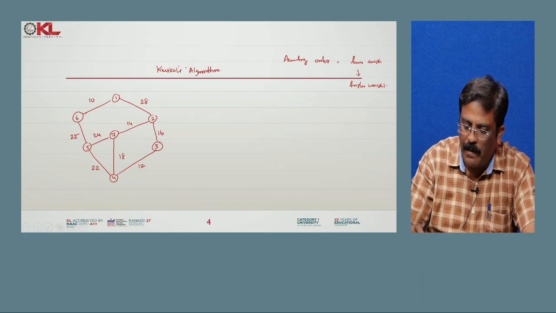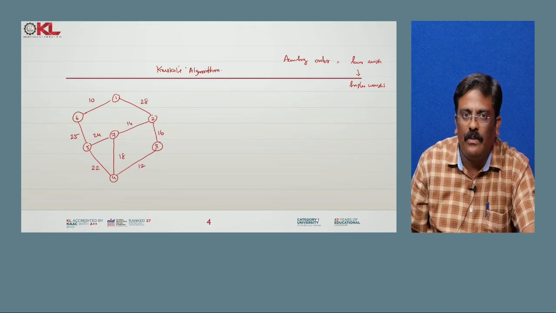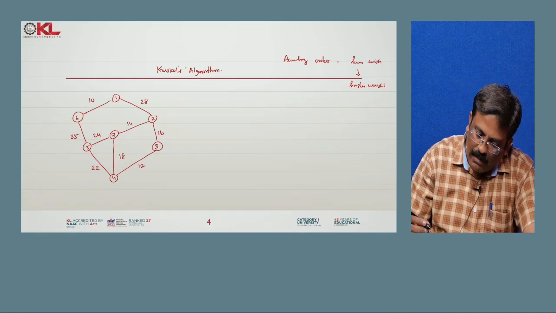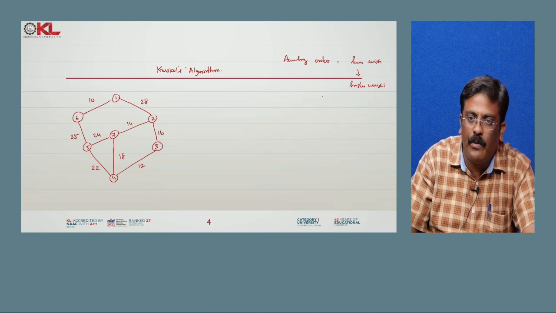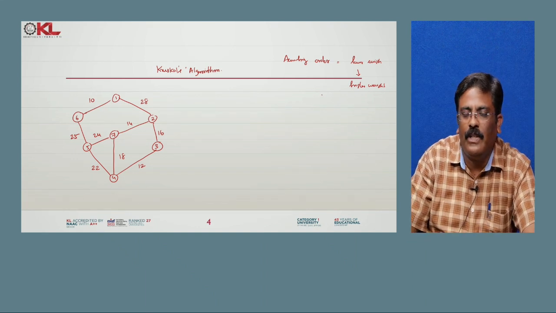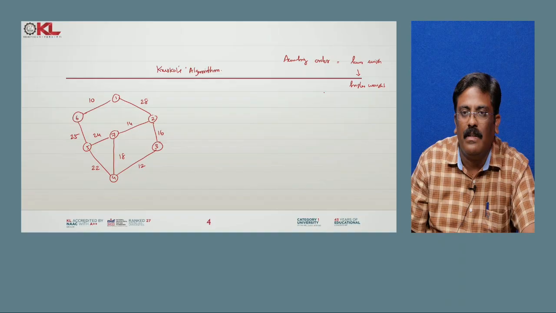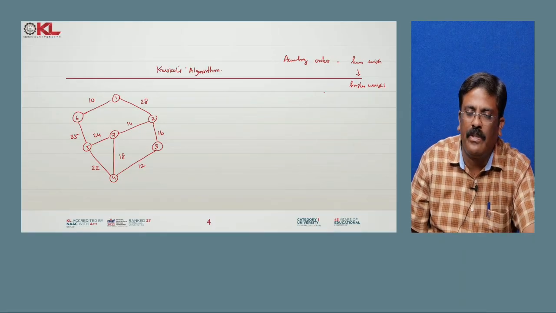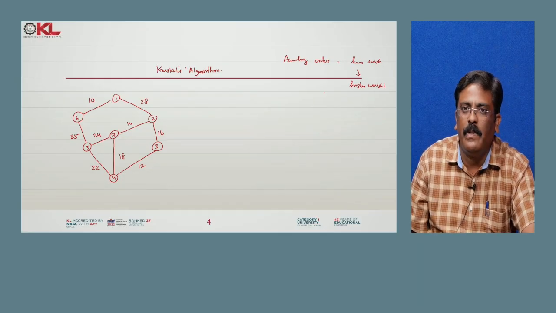You form a table in which you write down the lowest weight and the nodes between that lowest weight. Once you form the table, you follow it and form the edges holding the least weight and their respective vertices from your graph to form a minimum spanning tree.